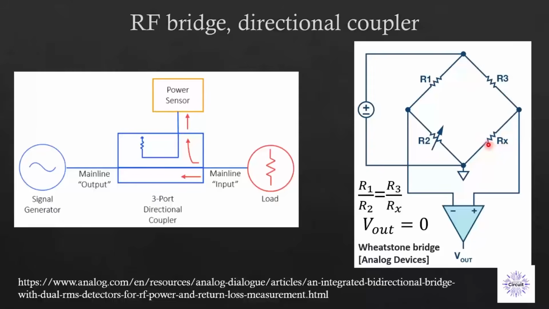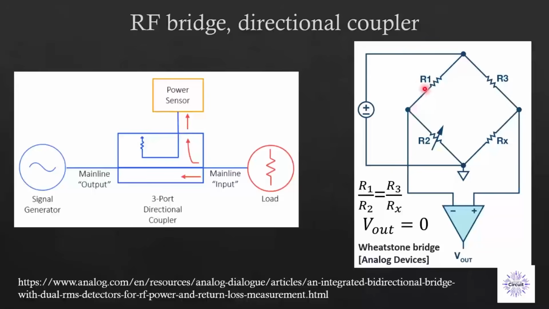This bridge, what it does is you just connect the voltage at its two ports shown here, and you measure the voltage at these two points, which is our V out. In this bridge, when R1 over R2 becomes equal to R3 over Rx, the differential voltage seen here becomes 0.